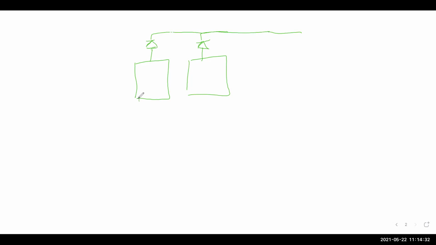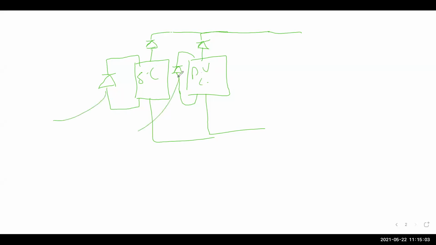We will study this later. When you study the detailed construction of this, you will see this kind of construction. This is your solar cell, or PV cell, whatever you say.